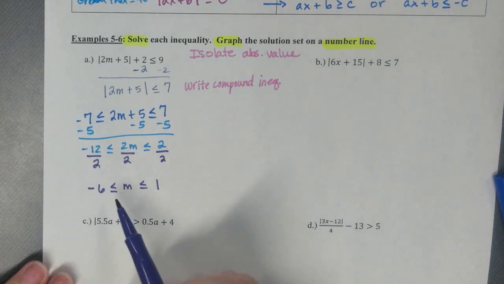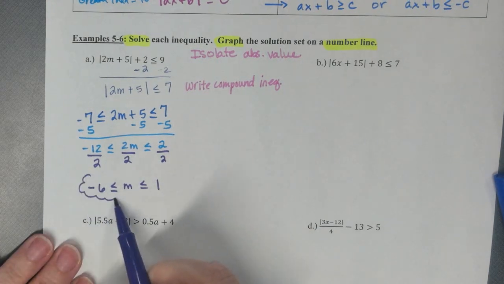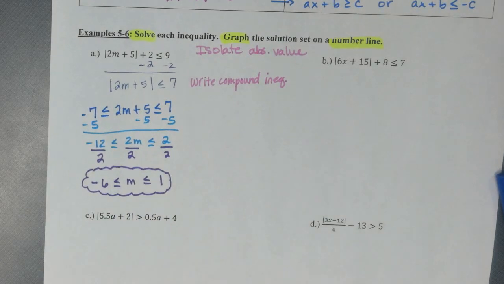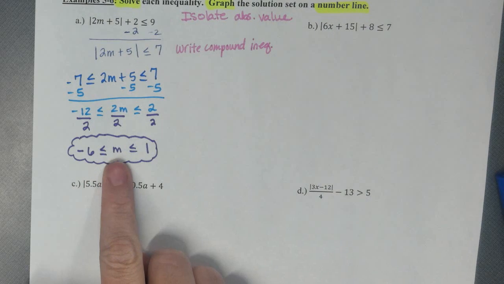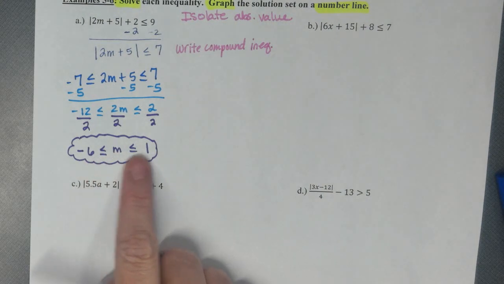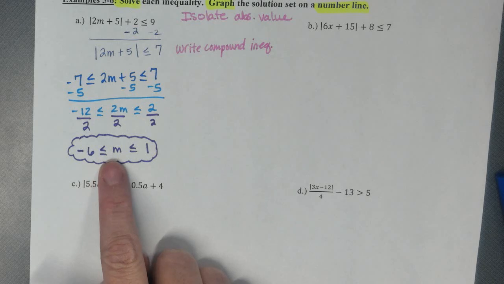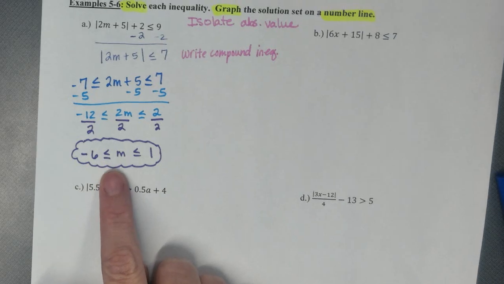When you get here, you do want to ask yourself if this is possible, because sometimes you can have no solution. Can we have a value m that is less than or equal to 1 and also greater than or equal to negative 6? Yeah, what are some values? 0 works? Negative 4? Great.